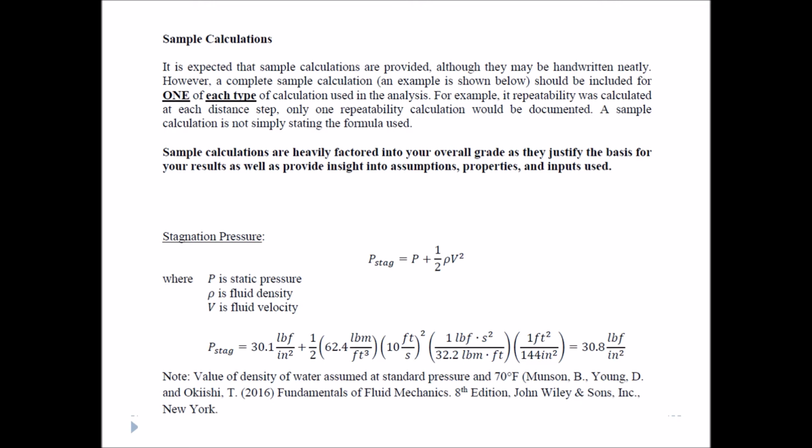So the next step to that is to include the final answer with the final units. So that's what constitutes a complete sample calculation. You may need to refer to tables that you've had to look up online or from textbooks, and then of course you can reference those below the sample calculation as well.